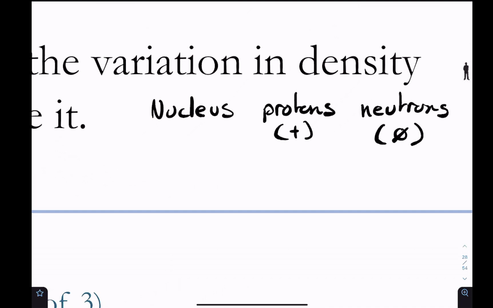And then we have everything around the nucleus, which are the electrons, which have a negative charge. If you remember nothing else, remember this. These are the fundamental pieces of an atom, and the interaction between those electrons and the protons is what causes all matter to do what it does.